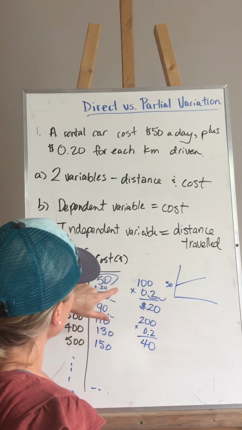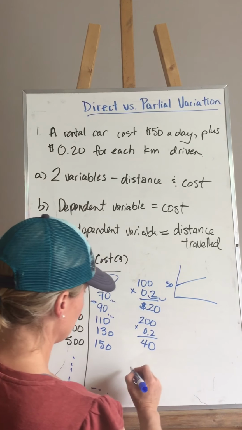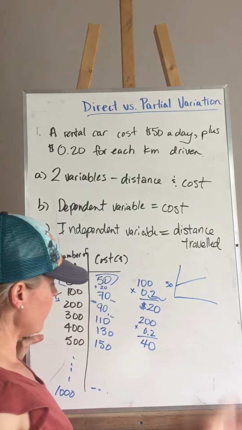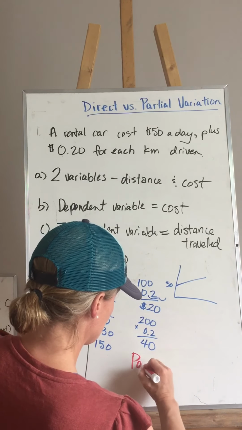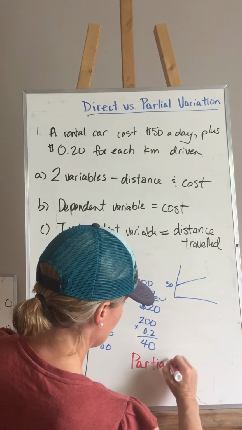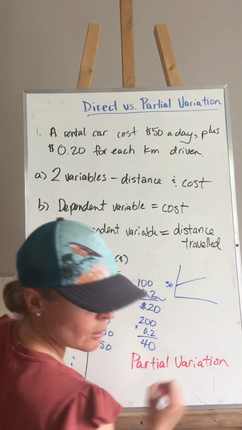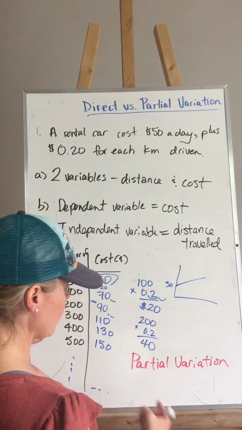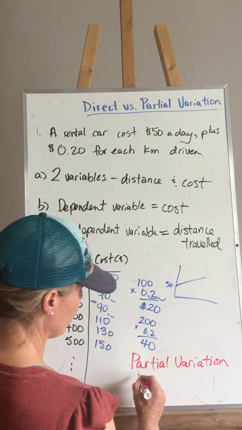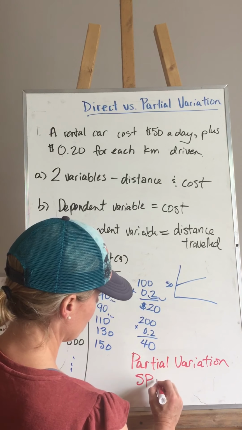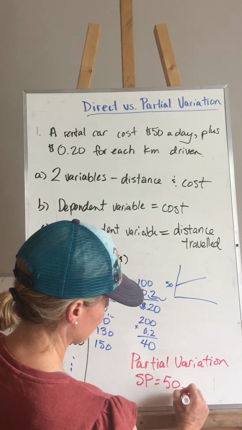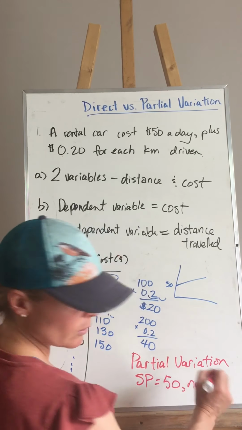So you can see it's all 3. Of course, it's telling you that this is partial variation. And justify your answer. You could say any number of things, but I would basically just say the starting point is 50, not 0.